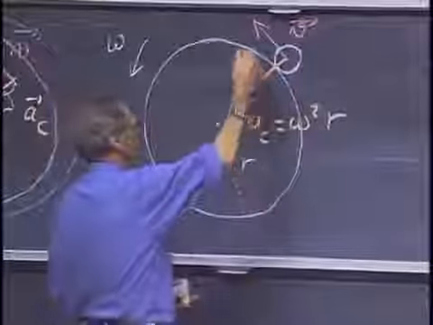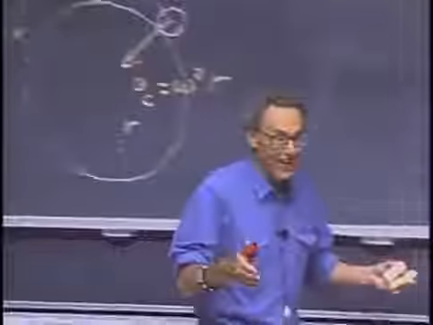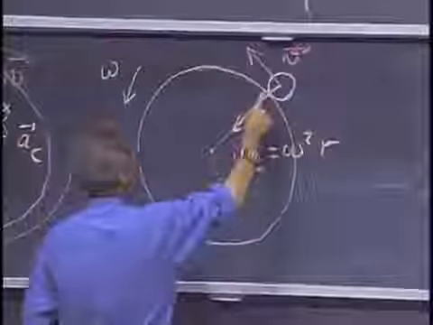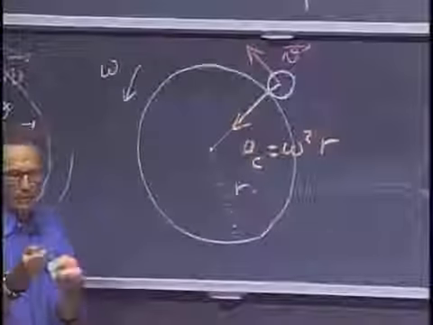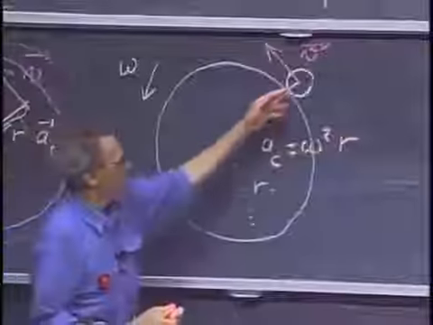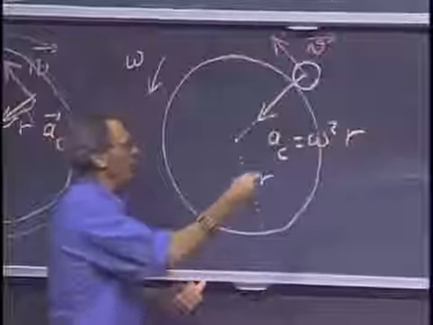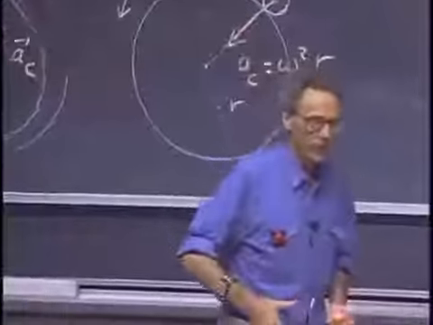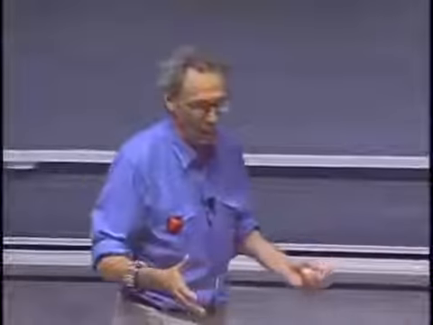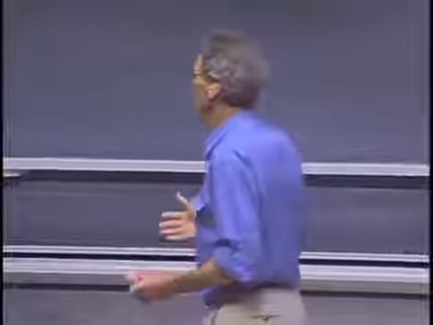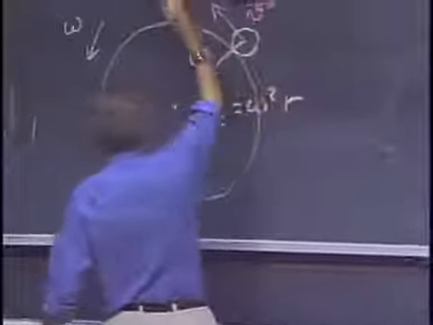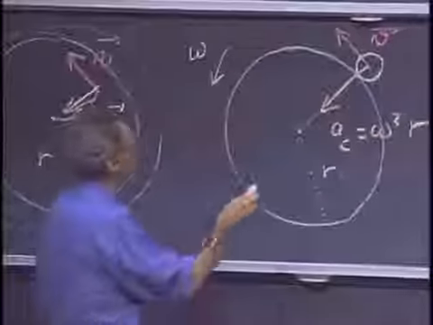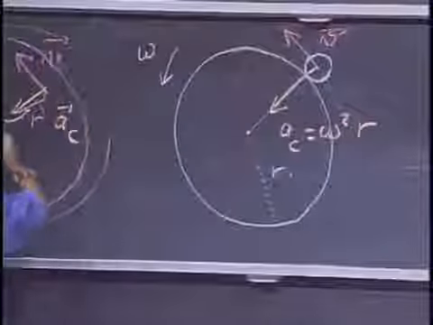Now, I cut it, and that's like taking away the push and the pull. The string that you have here is providing the pull on this ball. This ball is feeling a pull from the string, and that provides it with the centripetal acceleration. Cut the string, and the pull is gone, and the object will take off. And if there were gravity here, as there is in 26-100, it would become a parabola, and it would end up here.